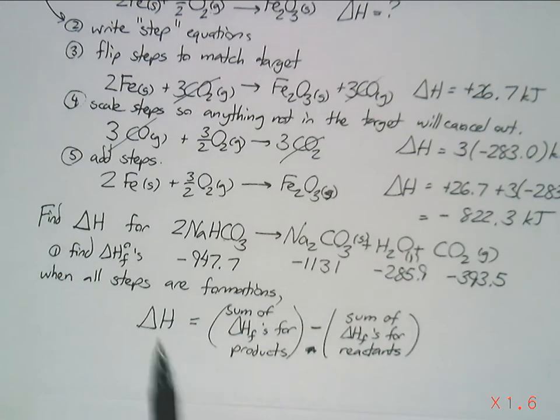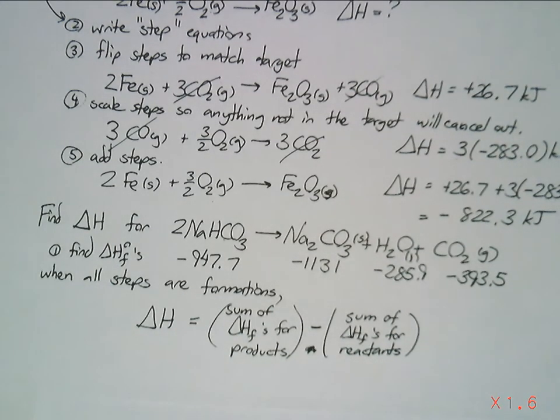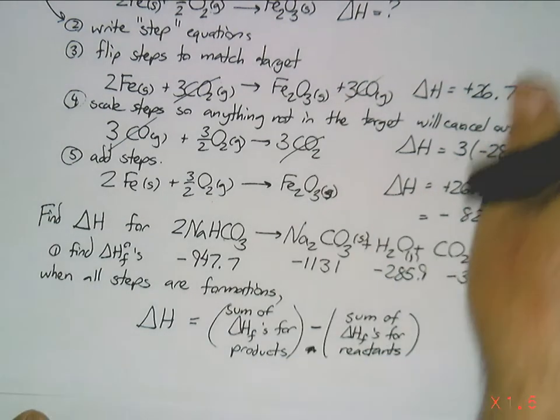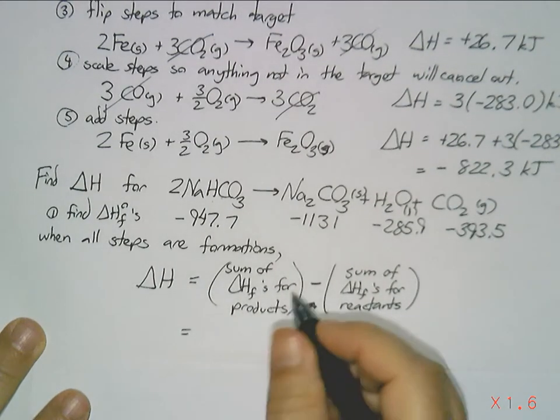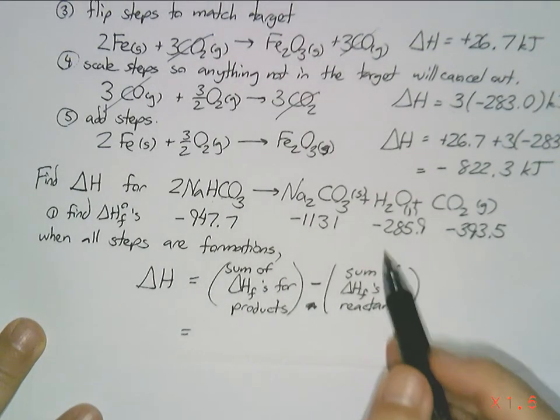Remember we said delta was final minus initial? That's the same thing that's going on here. So let's actually do the math here. What's the sum for the products? Well, let's see.